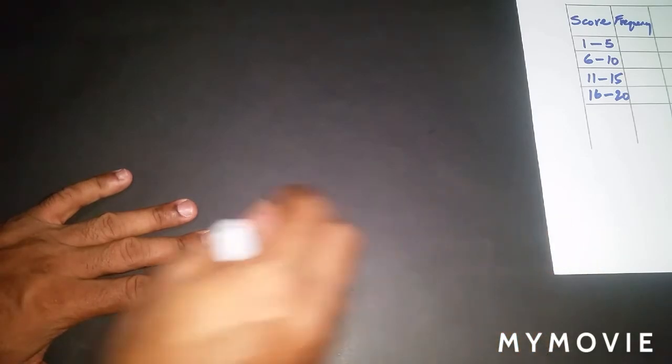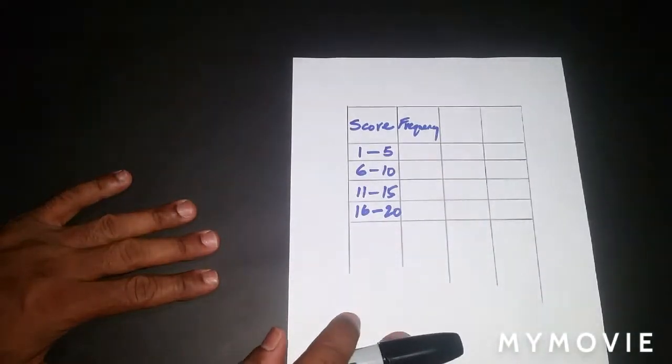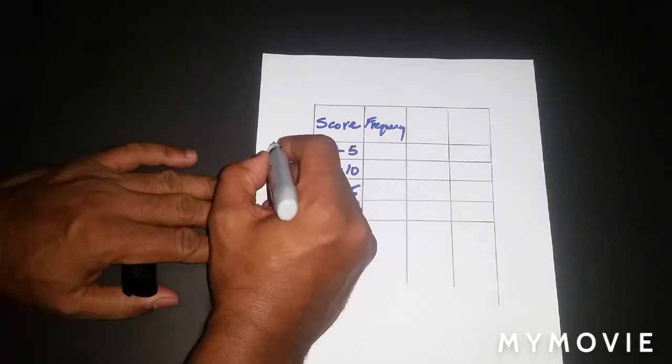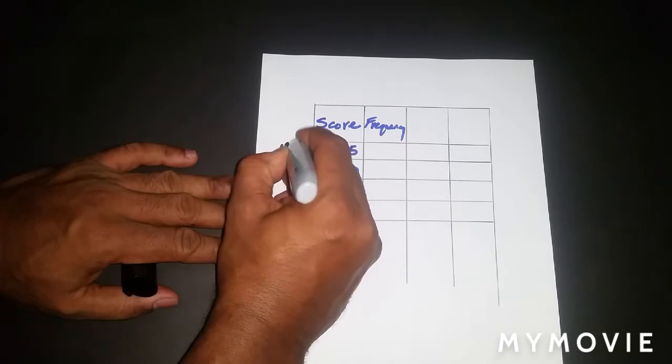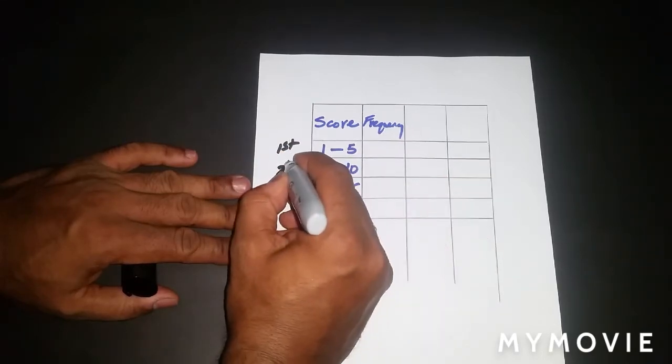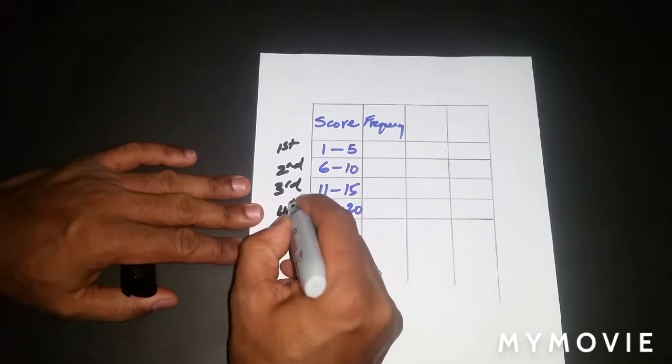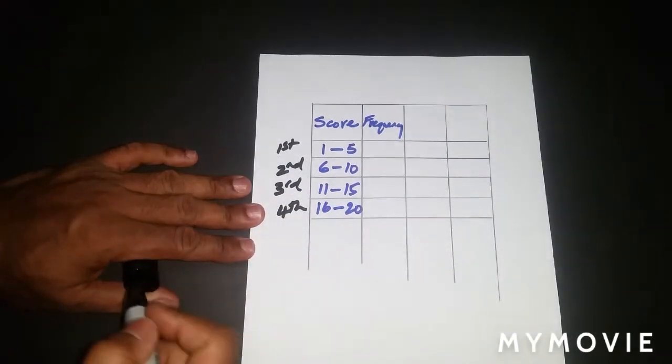And actually, before we do that, I just want to point out that I'm going to call this here the first class, the second class, the third class, and the fourth class. All right.